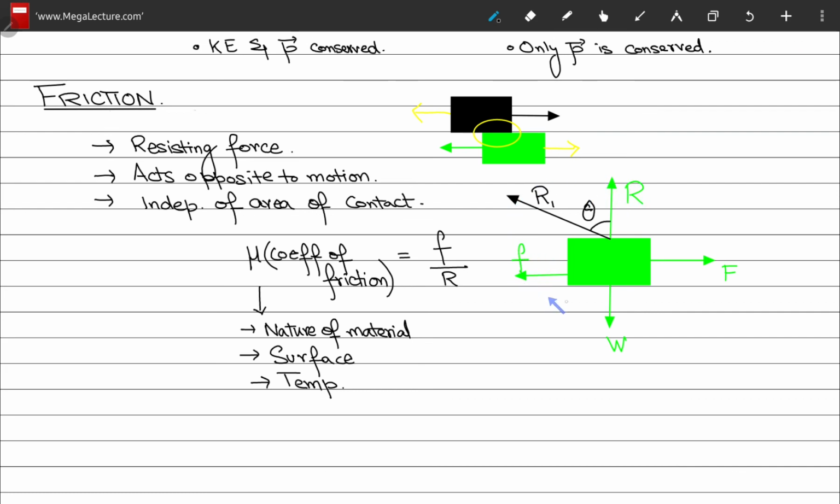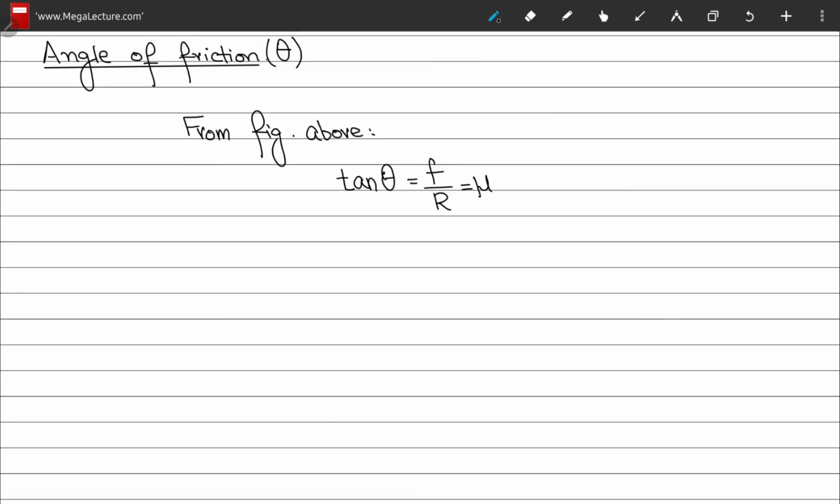Now, looking at this figure and recalling some laws of trigonometry, I can write down tan theta is equal to the friction over the reaction force R, right? Which is just equal to the coefficient of friction.